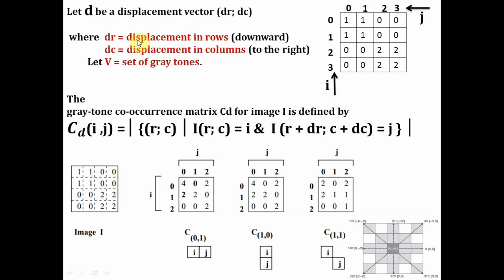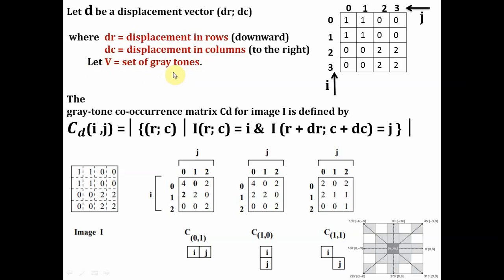Dr represents displacement in the rows, dc represents displacement in columns. Displacement in rows is downward: once you finish a row, you go downward to another row. Displacement in a column is to the right: for each and every column you will compute the values. And V is a set of gray tones; if you're considering a color image, V will be the set of color tones.